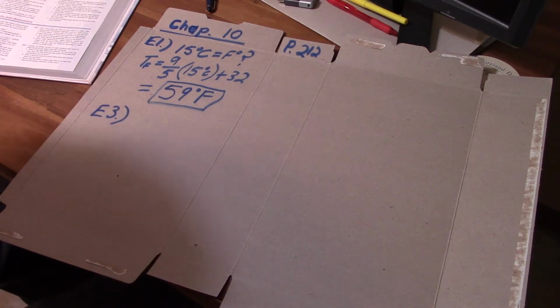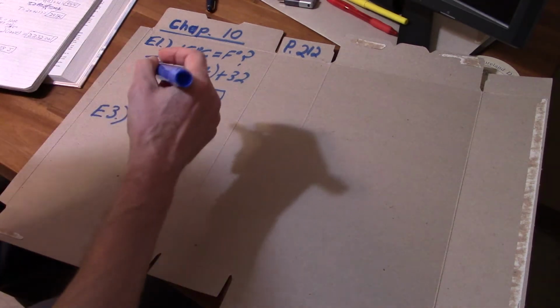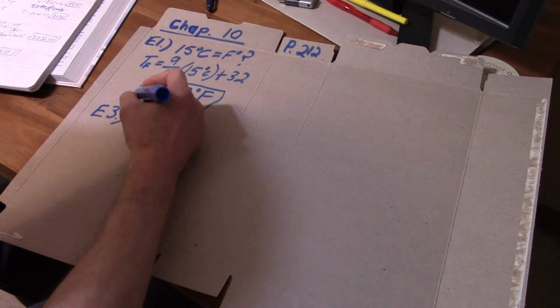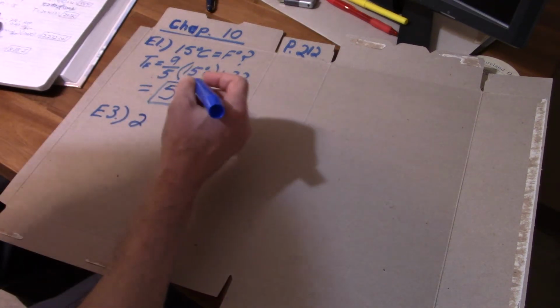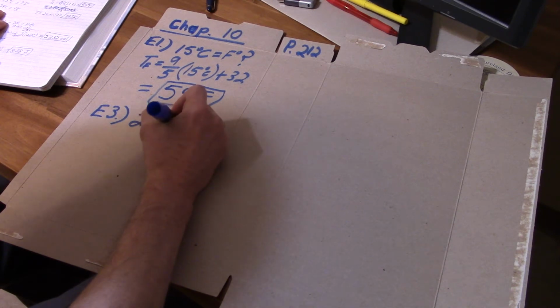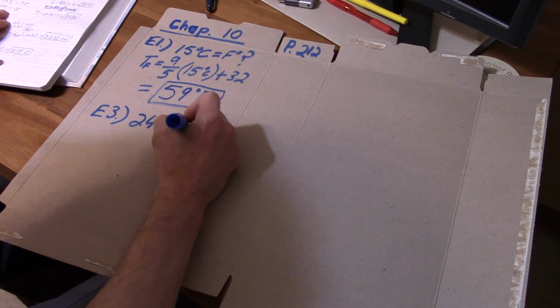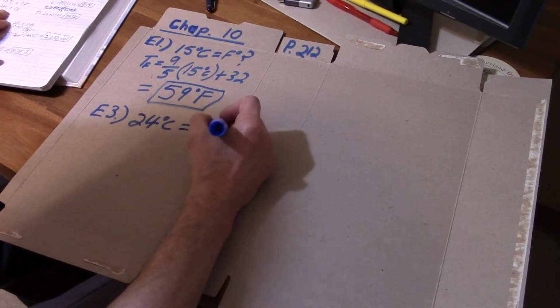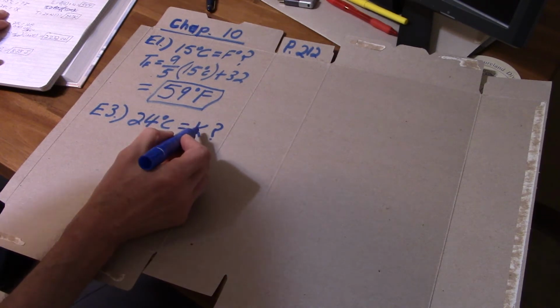So you just take the degrees that you have in the Celsius scale, and they want to know what it is in Kelvin. For Kelvin, you don't put the little degree sign.